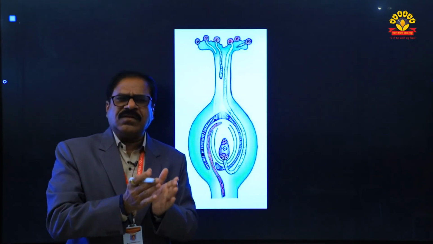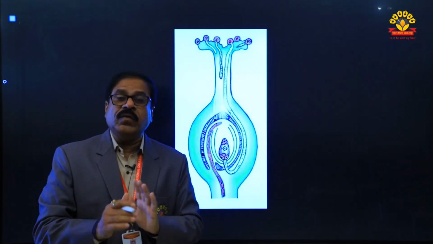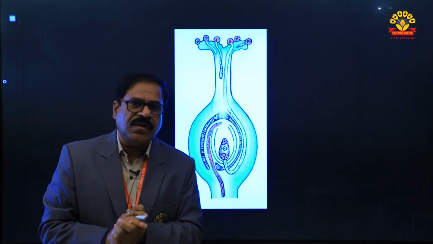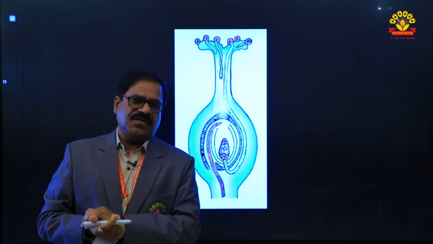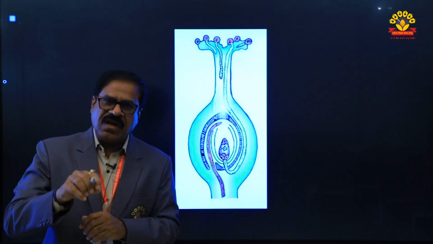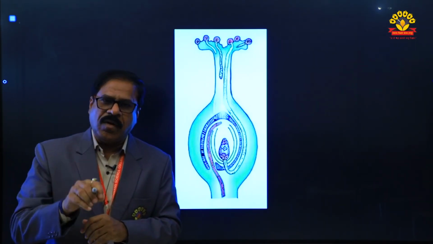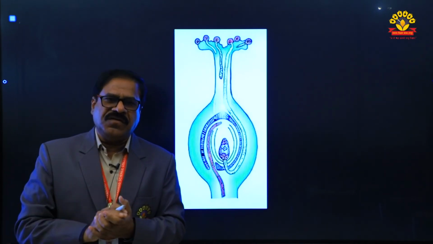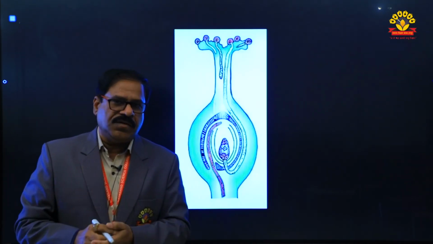Thus, the first fertilization is completed, which results in the formation of a diploid structure called zygote. Syngamy results in the formation of a diploid structure known as zygote.